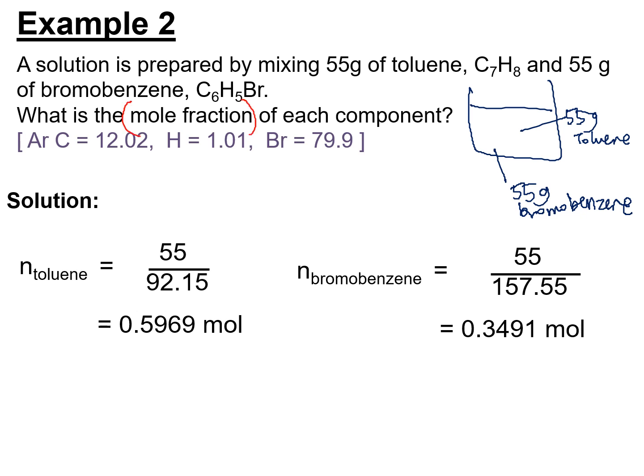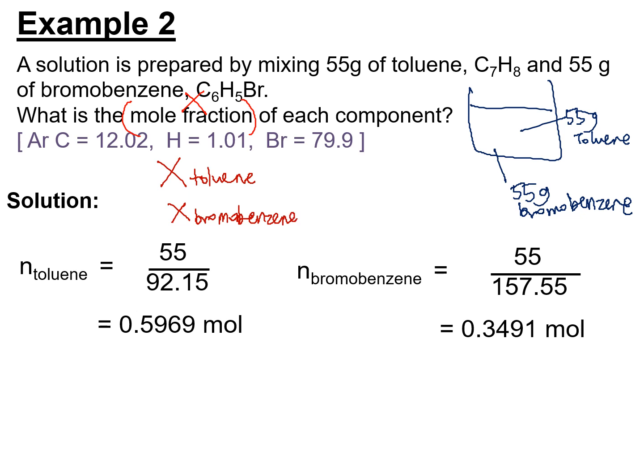Mole fraction simbol apa? X besar. Mole fraction of each component. Okay, dalam solution ni, dia cakap dia prepared by using toluene and bromobenzene je. Makanya tiadalah water di situ ya. Ada dua komponen je di sini, toluene dan bromobenzene. Okay, soalan mahu kamu cari mole fraction of toluene dan juga mole fraction of bromobenzene.